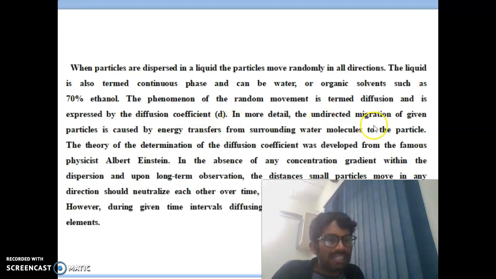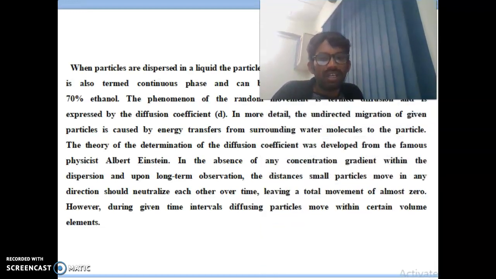In more detail, the directed migration of a given particle is caused by energy transfer from surrounding water molecules to the particle. The theory of the determination of the diffusion coefficient was developed by the famous physicist Albert Einstein.